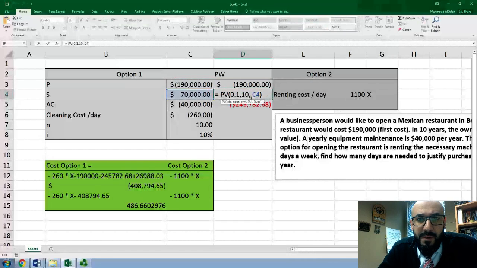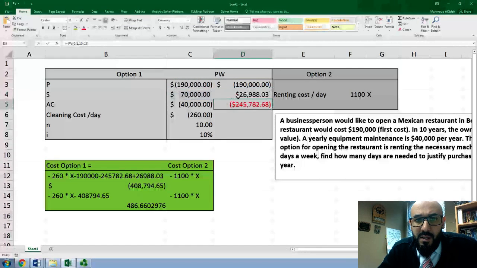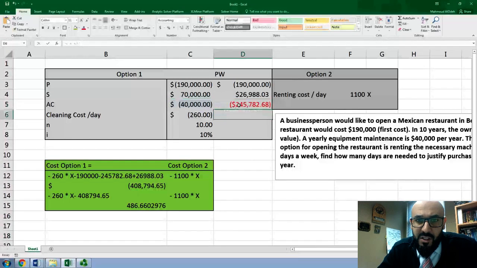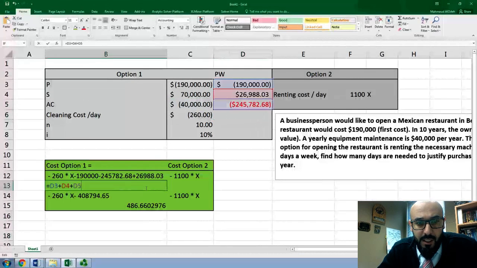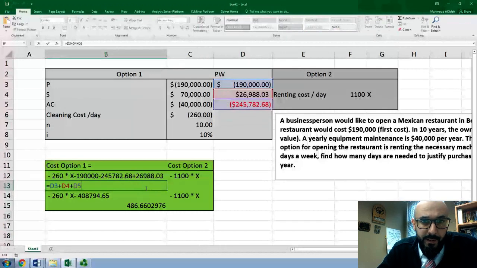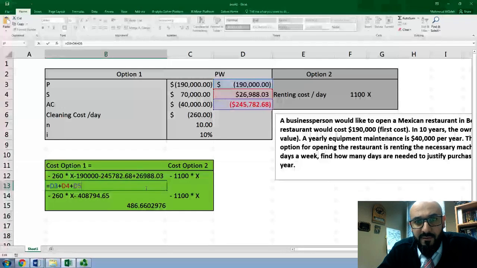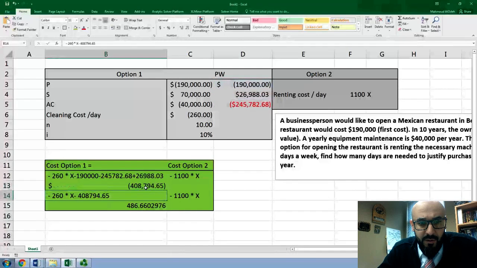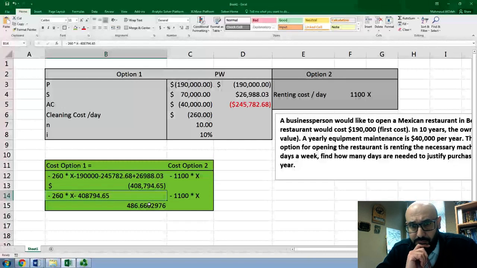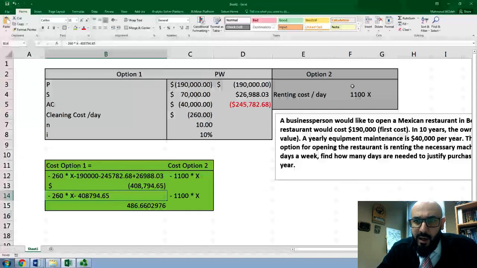For the salvage value, we use the PV function, and for the annual cost, we also use the PV function. You add all these together, as I did on this cell: minus $190,000, plus the positive salvage value of about $26,000, and minus the $245,000, and that would give you about negative $408,000.